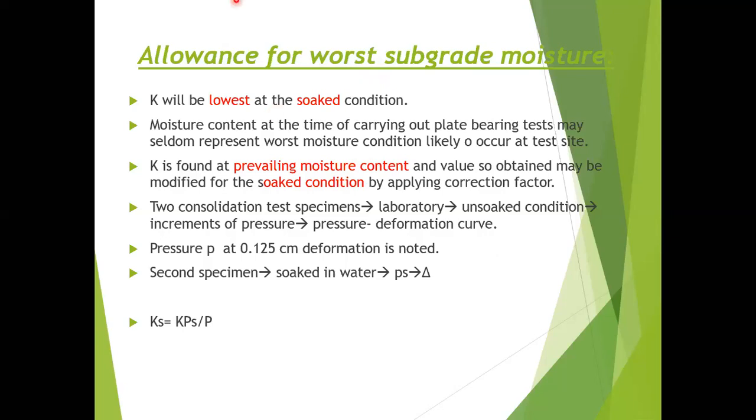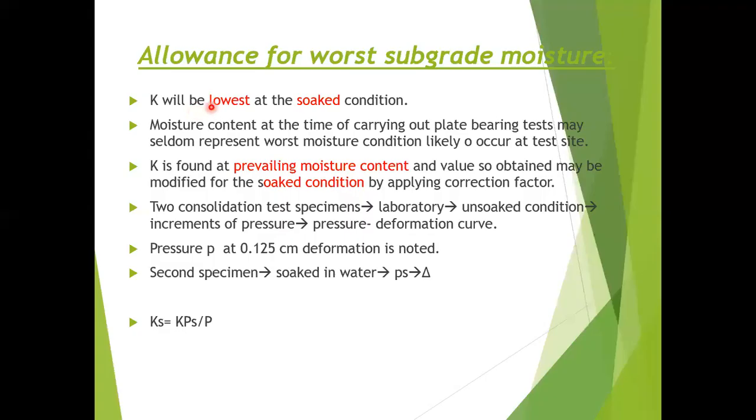Okay, you can see here K. K means modulus of subgrade reaction. K will be lowest at the soaked condition. Just assume like this. The soil which has less water content will usually be good, or it will have better strength when compared to soaked condition.